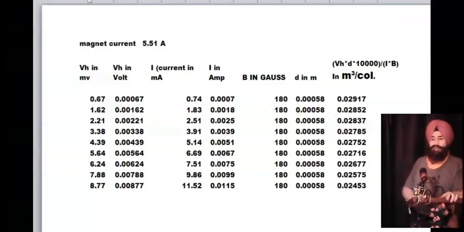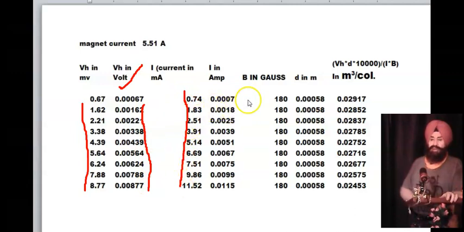Now just look. The Hall voltage was in millivolt, and I converted it into volt by dividing by 1000. The current was in milliampere, and I converted it into ampere by dividing by 1000.